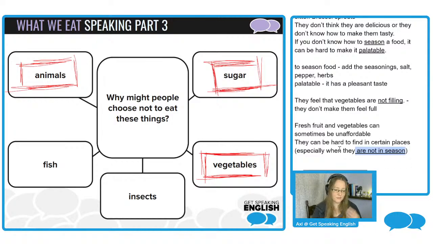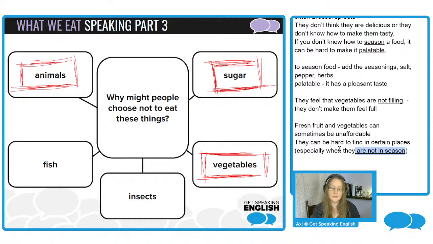So it can be harder to get fresh fruit and vegetables out of season, and if you find them, they'll be more expensive, because they're sent from other parts of the world and they become more expensive because of shipping costs. So that could be a reason why people don't eat more fruit or vegetables.